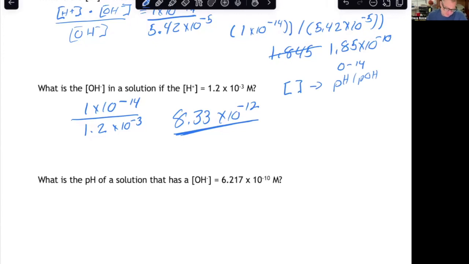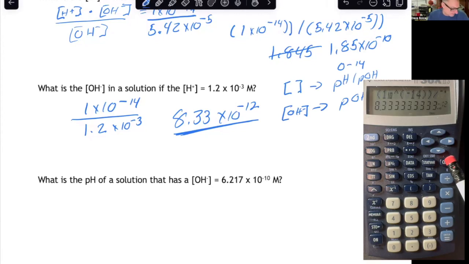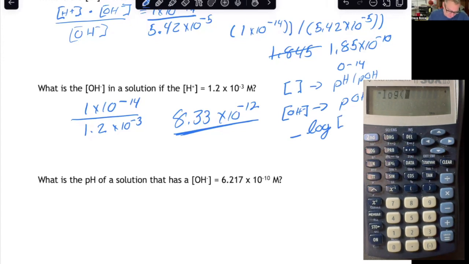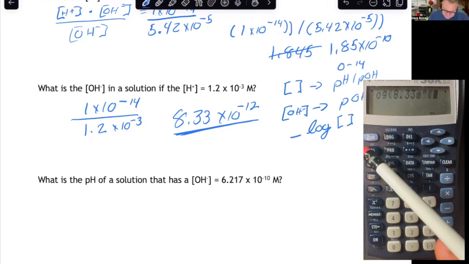So let's just go ahead and take the concentration of hydroxide, which we just solved, and take that to the pOH. In my calculator, I'm going to type negative log of the concentration, 8.33 times 10 to the negative 12.